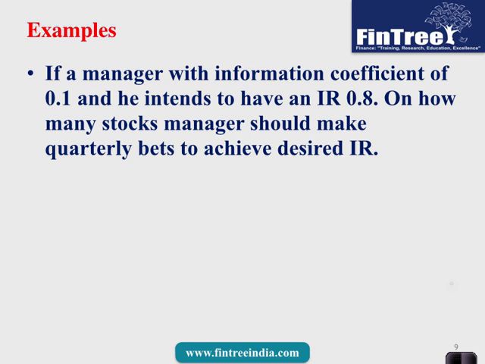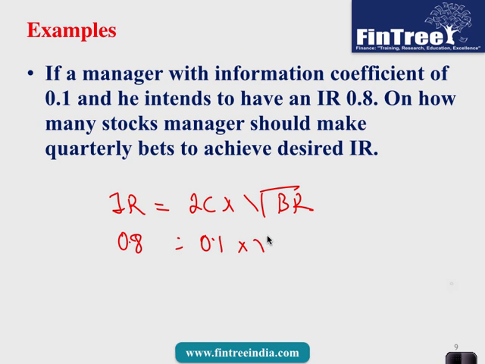Slightly different question. 16. So you would say information ratio is equal to information coefficient into root of BR. Information ratio is 0.8. This is 0.1 into root of BR. So root of BR is 8, which means BR should be 64.